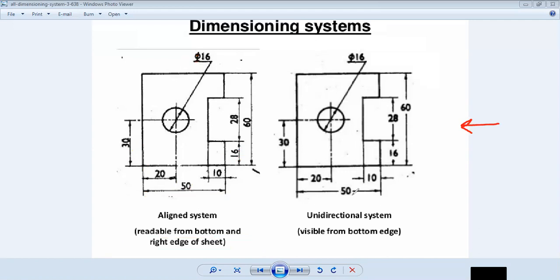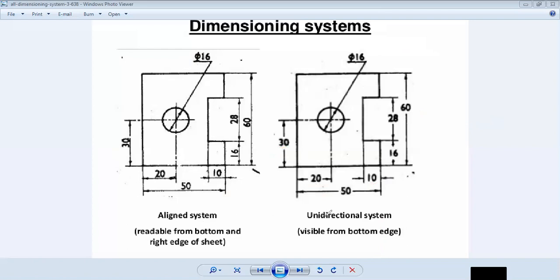Whereas in the unidirectional system, as its name suggests, we can read all the dimensions from a single direction, from the bottom. Whether horizontal or vertical, all are visible from one direction. Clear? This is the difference between the aligned system and the unidirectional system.